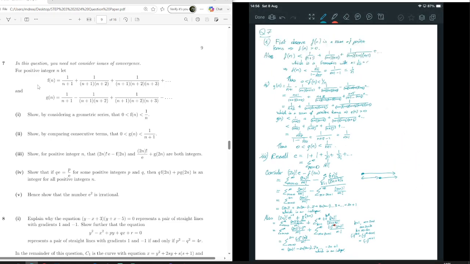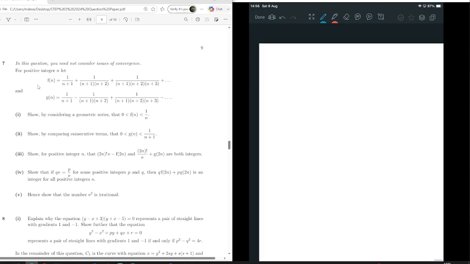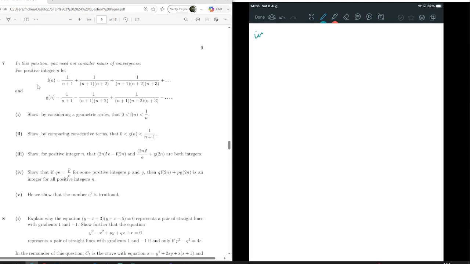So now we're on to part 4 of the question. So part 4 is saying let QE equal P over E, for P and Q are integers or natural numbers. Then that is an integer for all positive values of n.